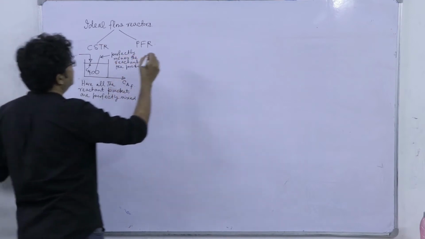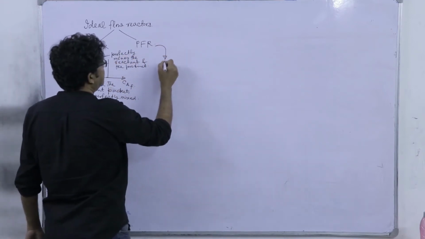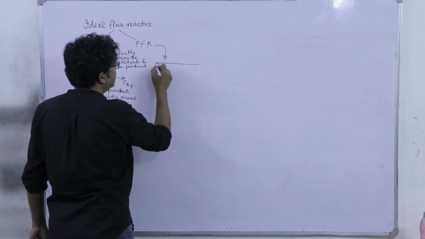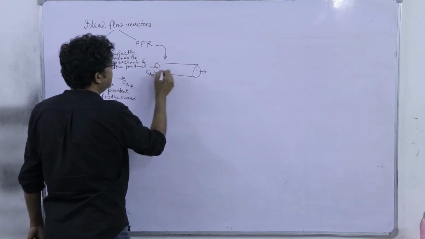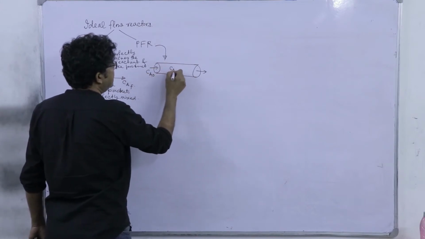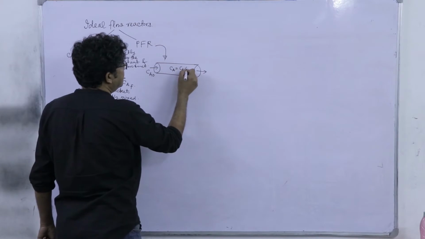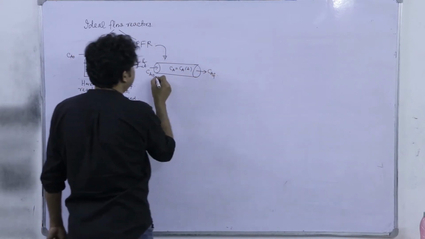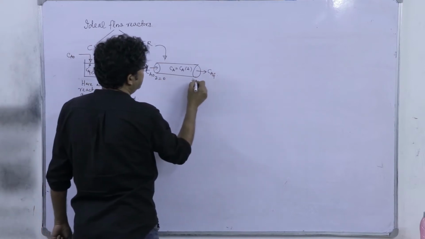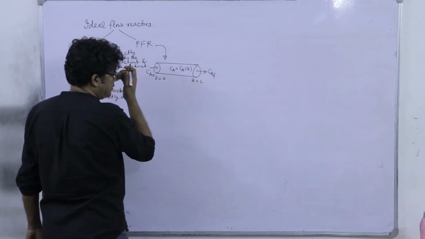Whereas in case of PFR, this is Ca0, now Ca is a function of Z, and finally at the outlet we will have CAF. So, Z equal to 0 here at the inlet and L here at the outlet.